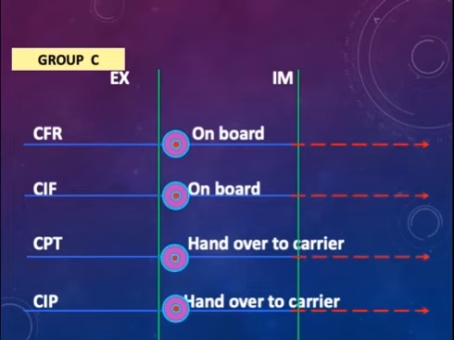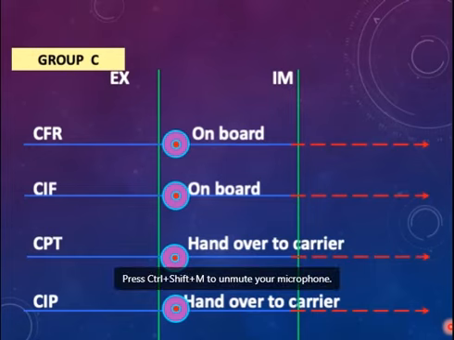I think sellers take more obligation, risk, and cost. Does the point of risk transfer change?